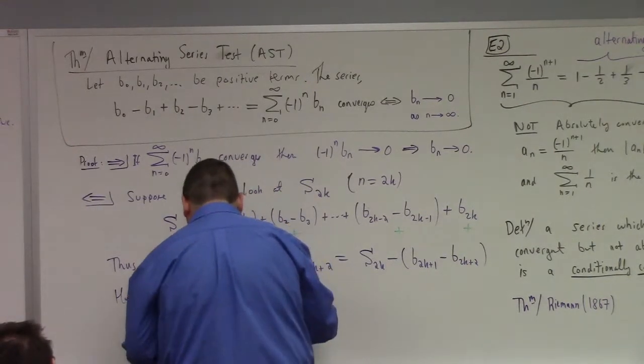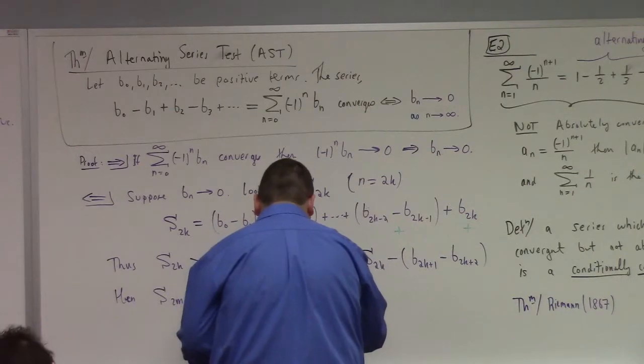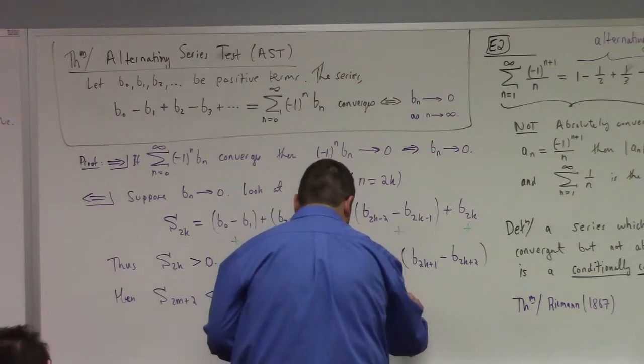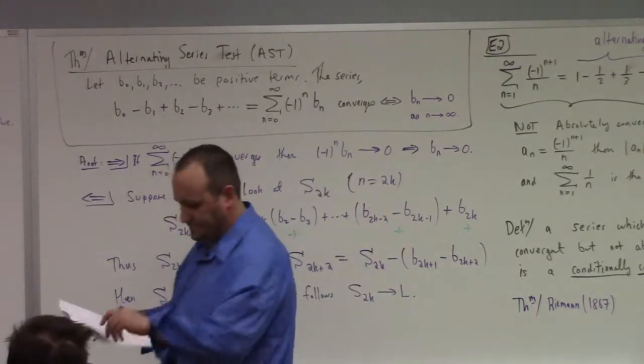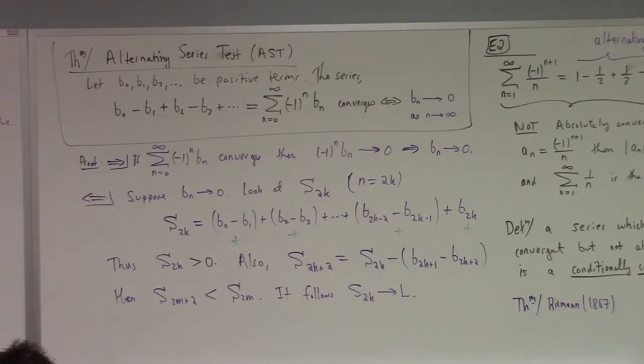Well, I can't say that it converges to 0, but I should say it follows that S sub 2k converges to L. I think I'm running out of time to do this properly here. You guys are making me nervous.